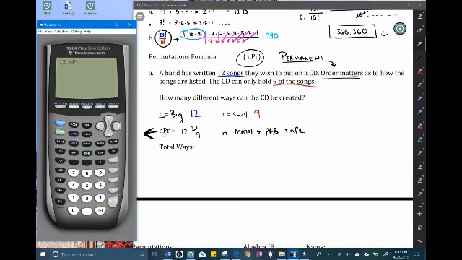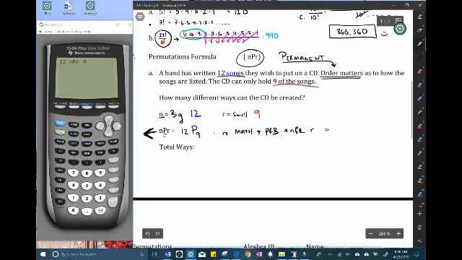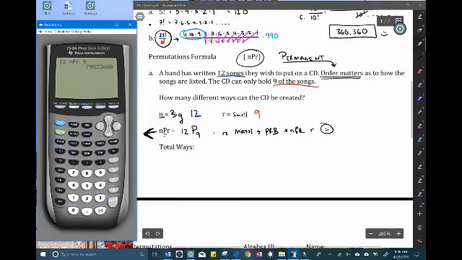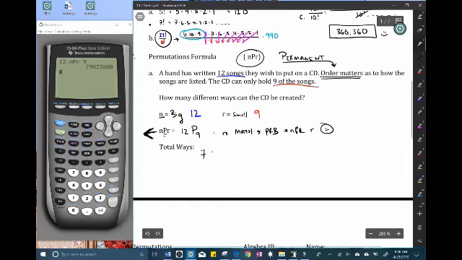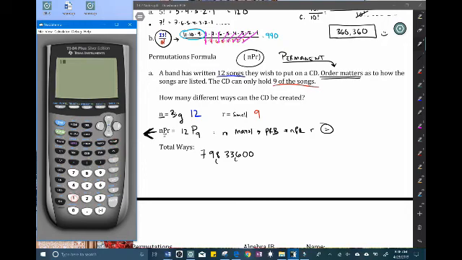Then you need to type in the last number, so 9. Once you do that, just hit equal, and you get the total number of ways that CD could be made up. 79 million. Let me just run through that again. 12P9: 12, Math, over to PRB, 2, 9. Makes your life a lot easier.